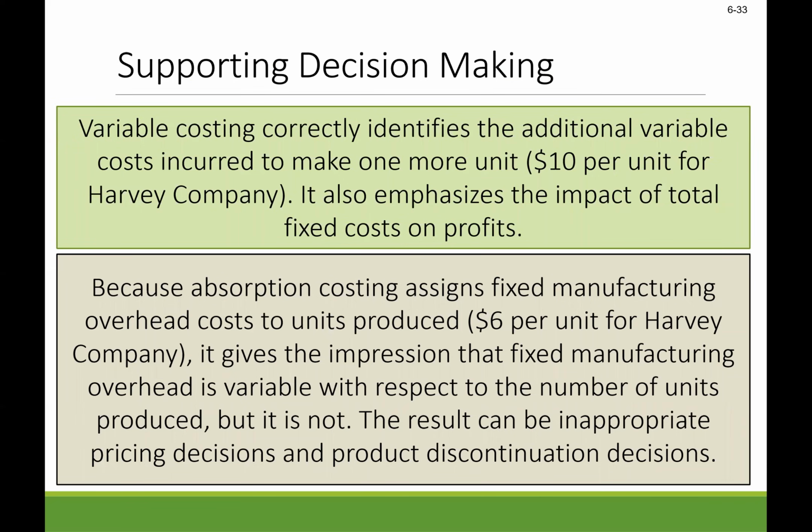Absorption costing assigns fixed manufacturing overhead costs to units produced. It gives the impression that fixed manufacturing overhead is variable with respect to the number of units produced, even though it's not. Therefore, the result can be inappropriate pricing decisions and product discontinuation decisions.